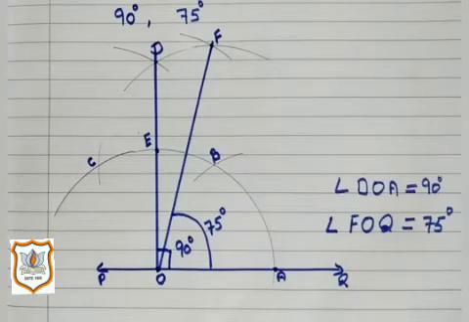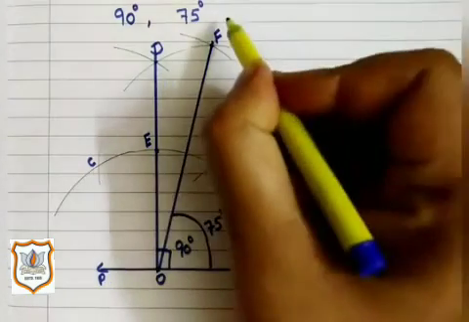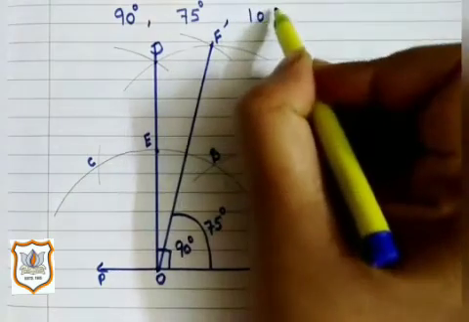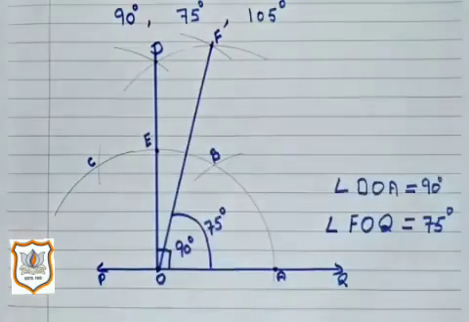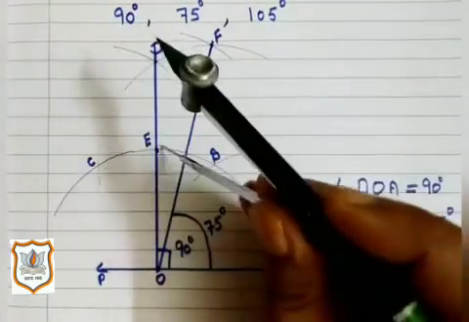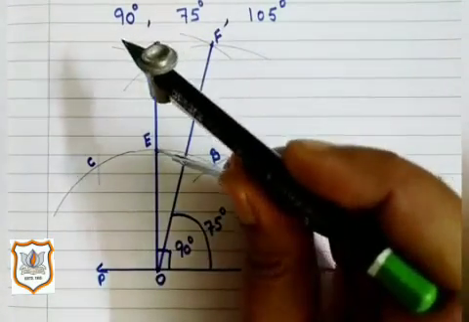Now we will construct angle 105 degree. So we take E and C as centers, and we will draw two arcs.